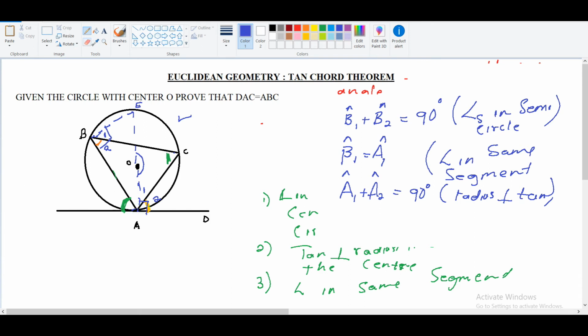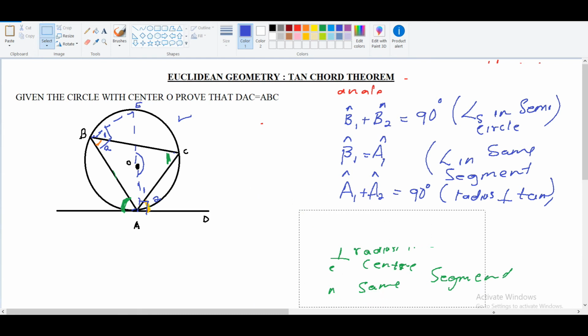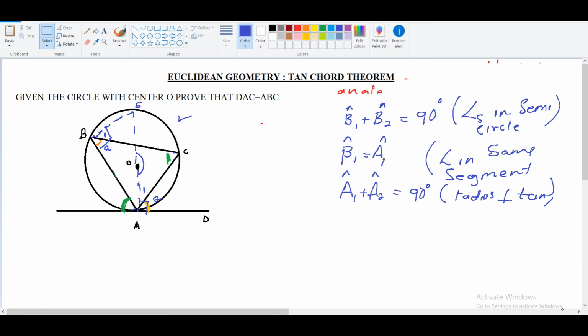So next, what do we see? Let's erase and open some more space here. Now we have two equations that are equal to the same value. Let's use a different color. So now we have this one and this one.